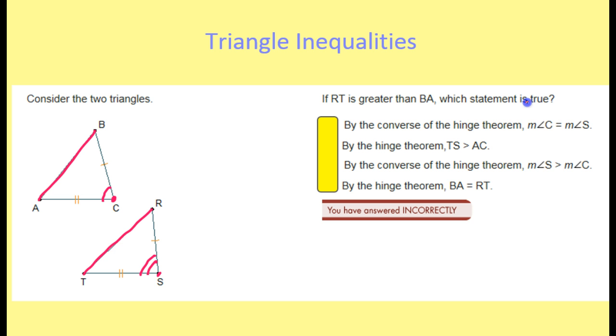So which statement is true? They're telling us that RT is bigger than BA. For example, maybe RT is 10 and BA is 8. Since RT is bigger, that means angle S must be bigger than angle C.